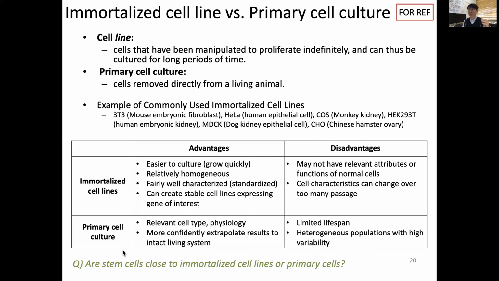In comparison, primary cell culture is supposedly a more relevant cell type because it's freshly taken out of the body, so it's more relevant in terms of physiology. However, in terms of homogeneity, because primary tissue is composed of many different cell types, sometimes it's not as homogeneous when we are using primary cell culture.